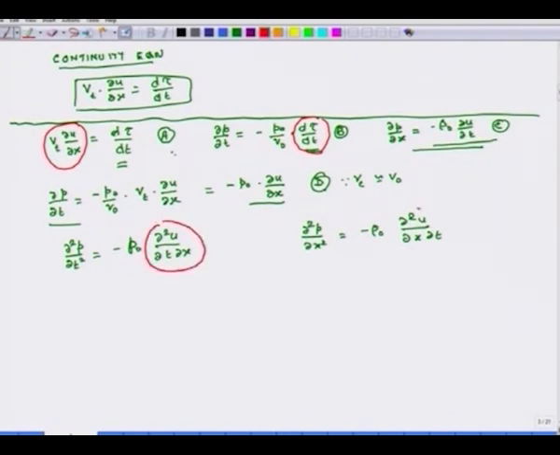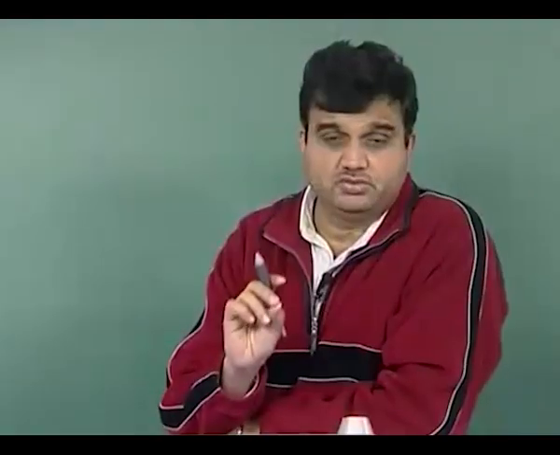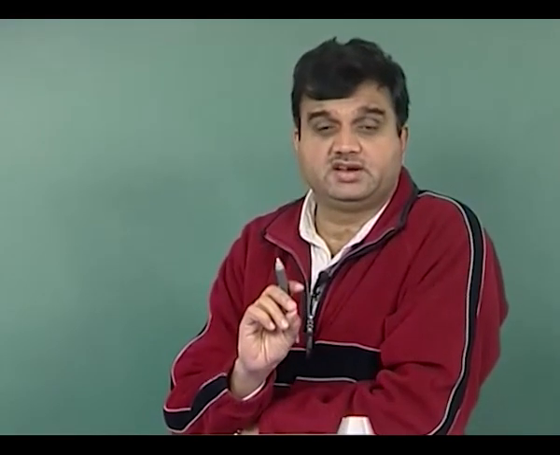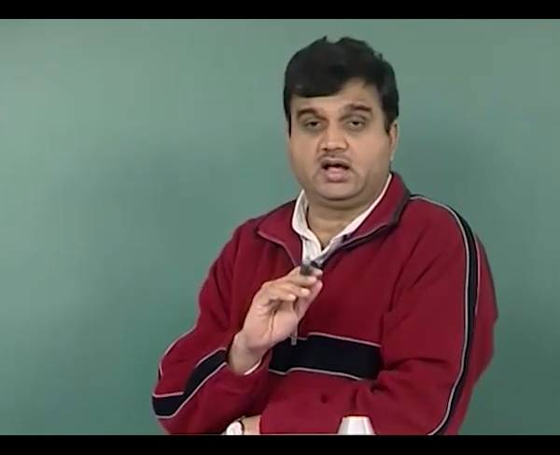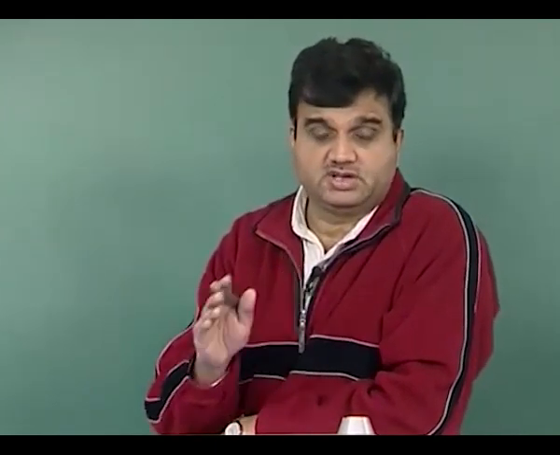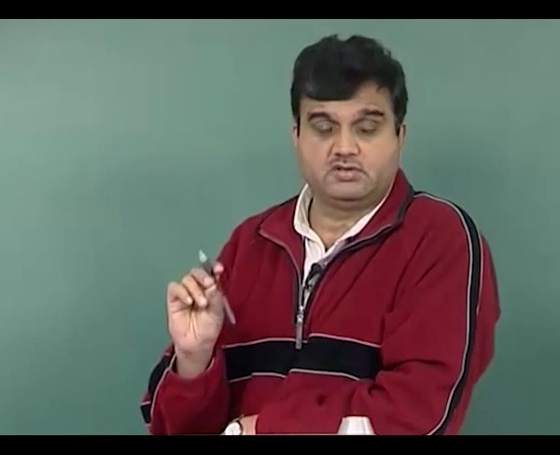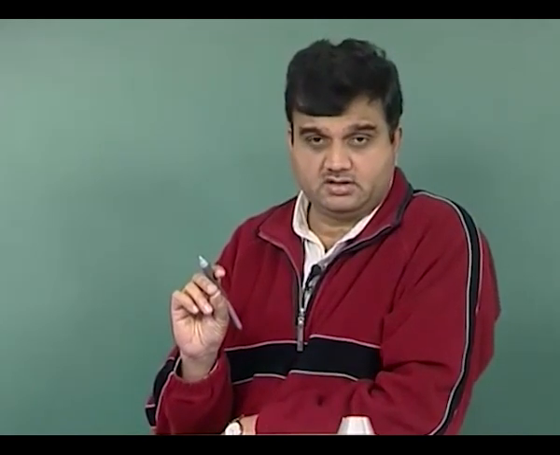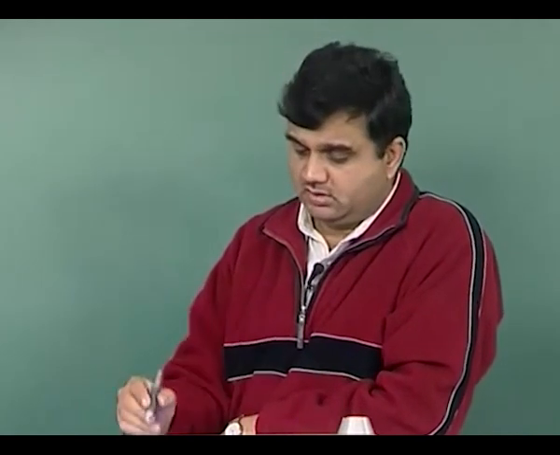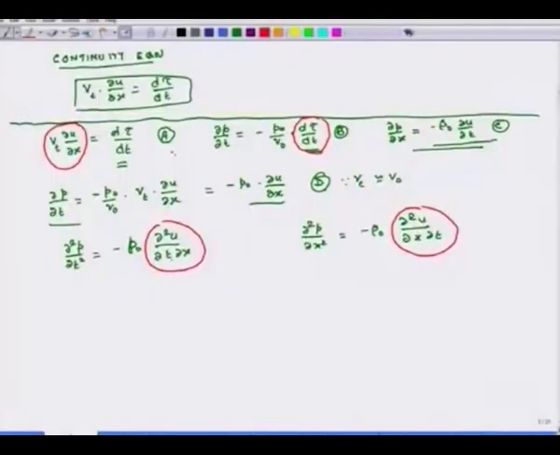This term and this term, they are going to be same as long as my function u and its derivatives are continuous in both space and in time. So, for that particular condition, the partial derivative of u with respect to t and x is same as the partial derivative of u with respect to x and t.